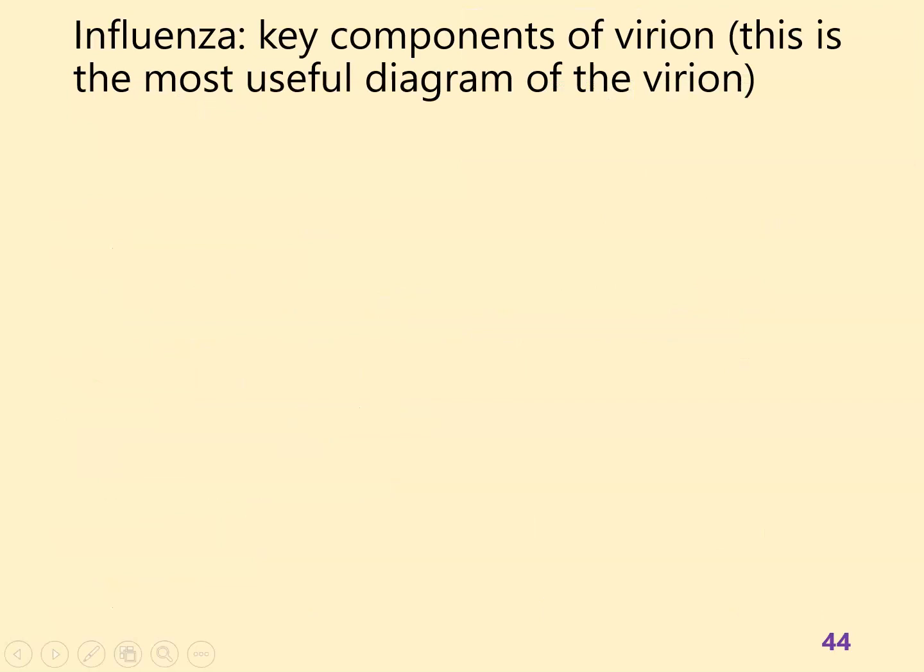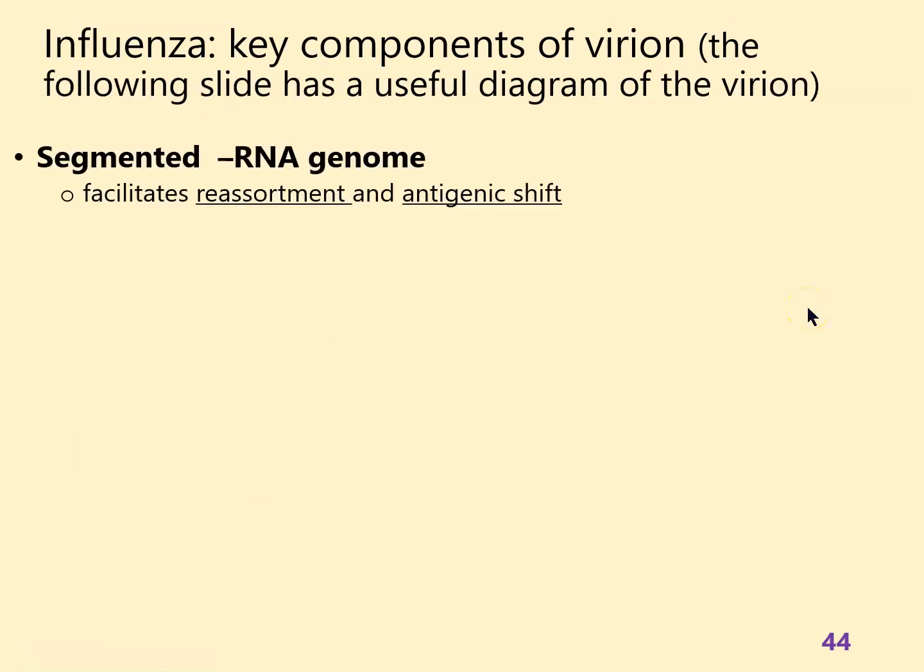Okay, so what is in an influenza virus virion? As we expect, there's negative sense RNA, so it doesn't directly encode anything. We would need to have its reverse complement to actually encode genes.